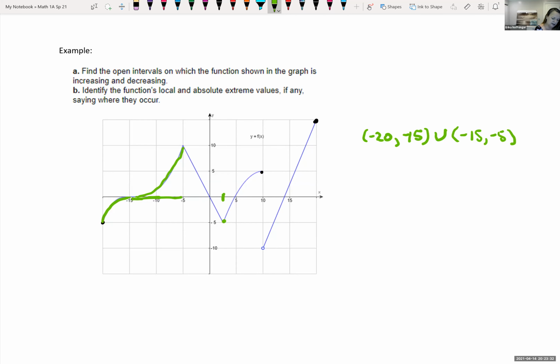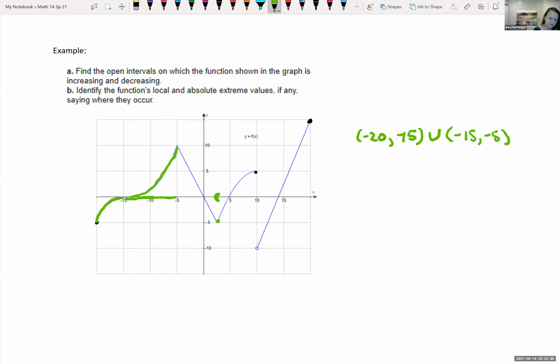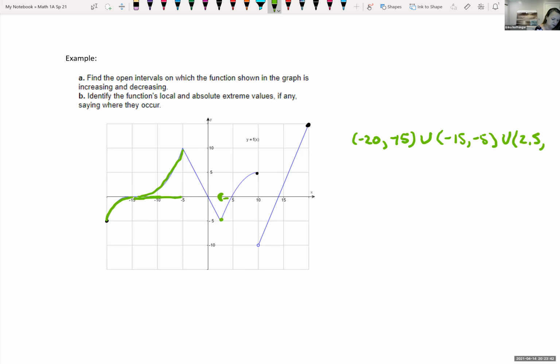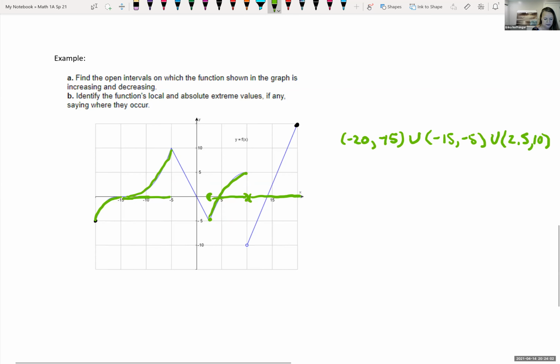So my value here looks like about 2.5, so let's say 2.5 to this x value of 10. And then I'm going up from x equals 10 to x equals 20. So union 10.